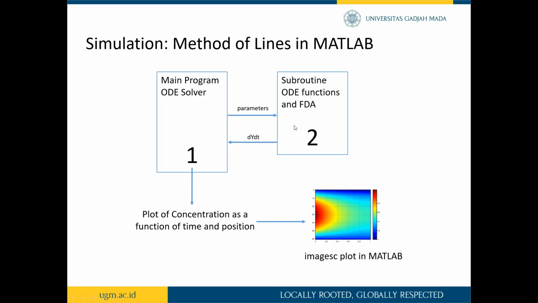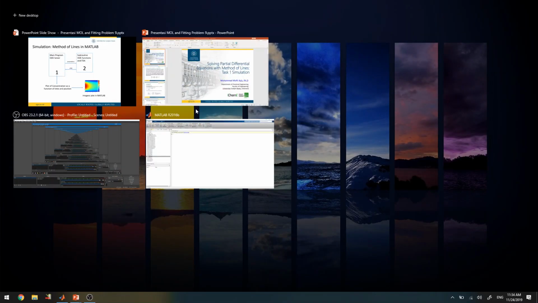I make function number 2 first, or M file number 2, and after that I move to the main program, because from my experience, by doing number 2 first and then number 1, there's no back and forth many times in showing the audience how to create a MATLAB program. Okay, now I'm going to move to MATLAB to show how it looks and how it works.